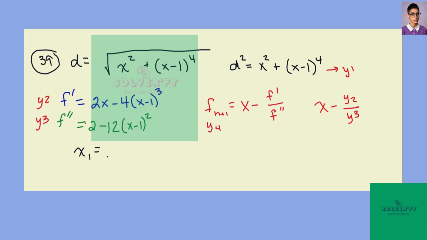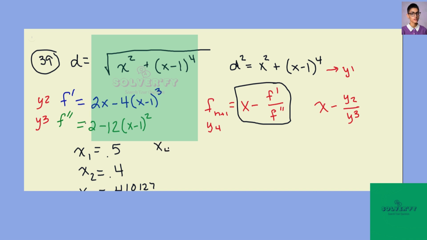I change it to ask and I plug in 0.5 and I look at y sub 4, and then x2 gives me 0.4, so then I plug in 0.4, which gives me, now I'm looking at my y4 in my graphing calculator, which is the equation x minus f prime over f double prime, and x sub 3 gives me 0.410127.